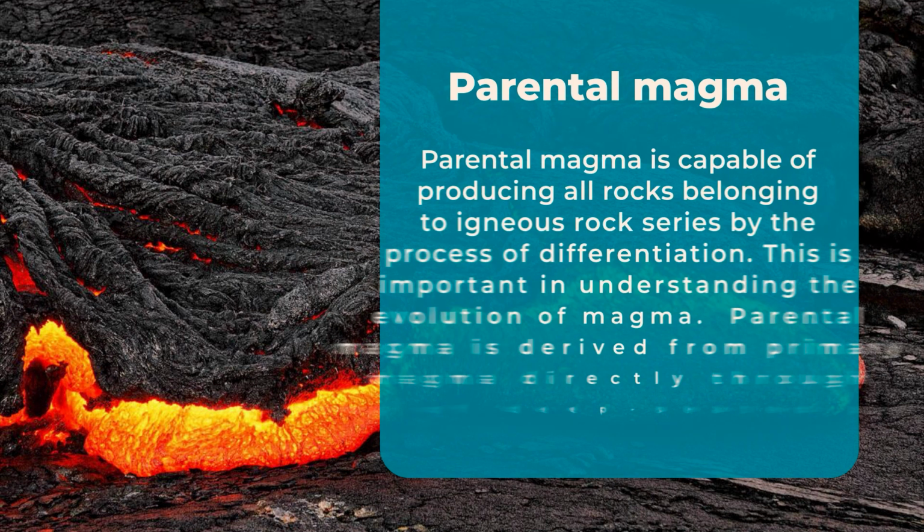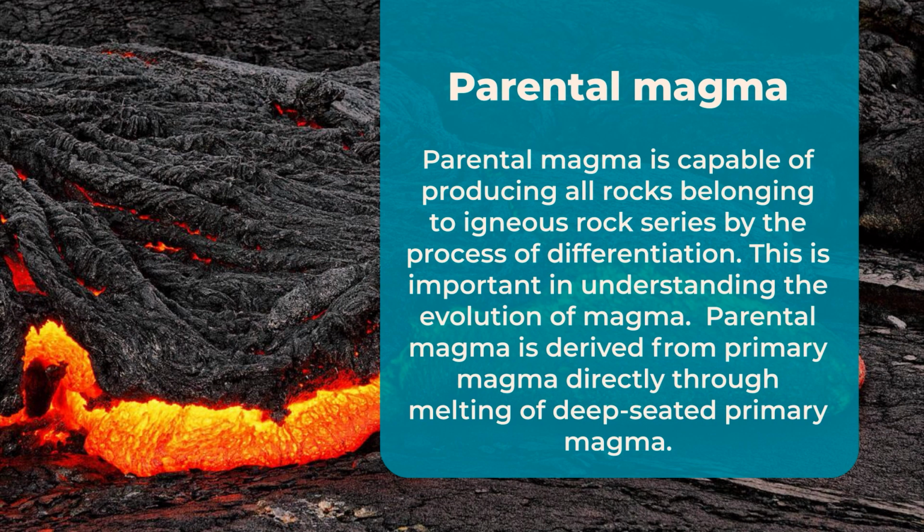And parental magma is capable of producing all types of rocks belonging to the igneous rock series by the process of differentiation. So, it is important in understanding the evolution of magma. Parental magma is derived from primary magma directly through melting of deep-seated primary magma.